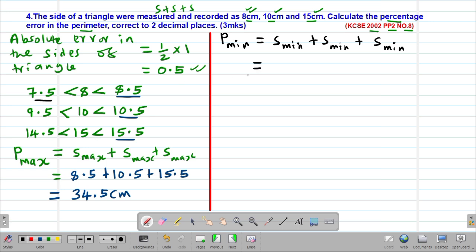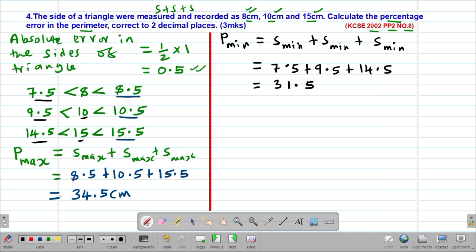For 8, we have 7.5, plus the minimum for 10, which is 9.5, plus the minimum for 15, which will be 14.5. Therefore, when you feed this on your calculator, that is 7.5 plus 9.5 plus 14.5, you'll get a total of 31.5.